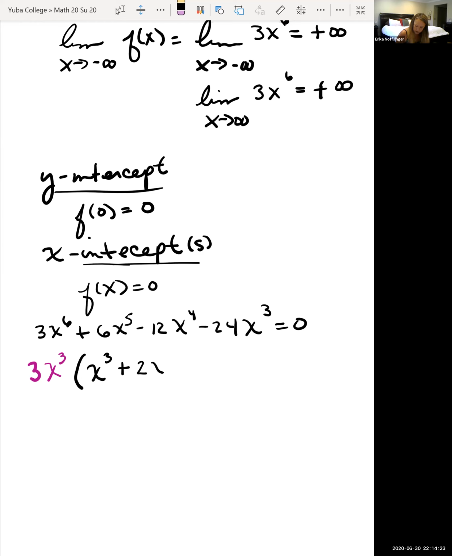Minus, so 3 times what is 12? 4. X cubed times what is x to the 4th? X. We pulled out a positive 3 from -24, so that would be a -8 here. And we pulled out all the x's, x cubed, so there are no more x's left.